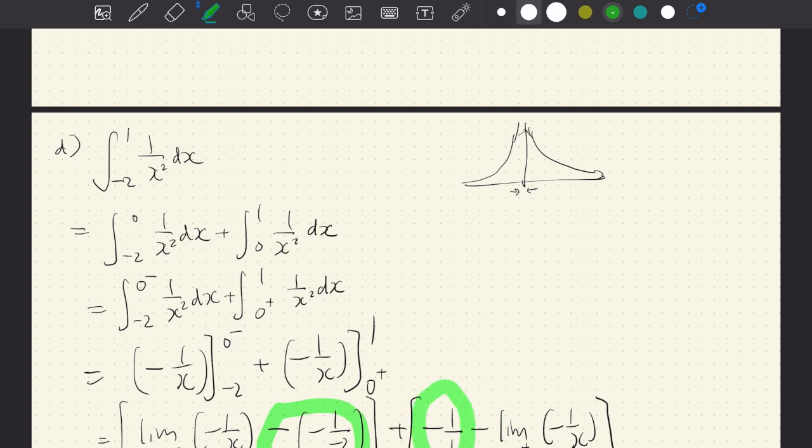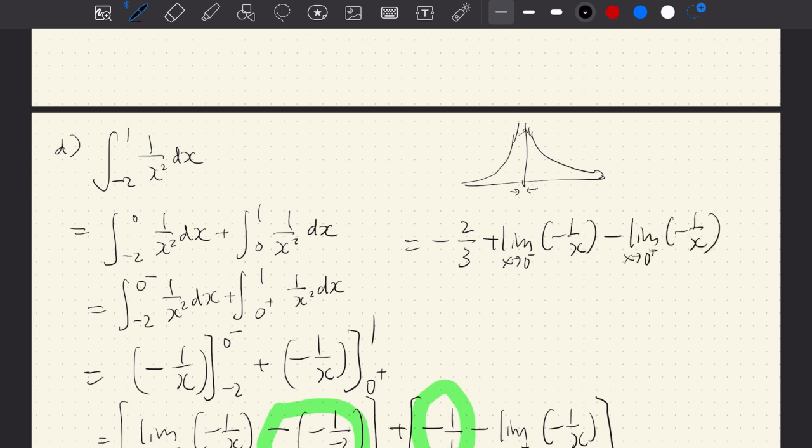So here we have negative 2/3 plus the limit as x goes to 0 of negative 1 over x, minus the limit as x goes to 0 of positive negative 1. Now let's evaluate these two.